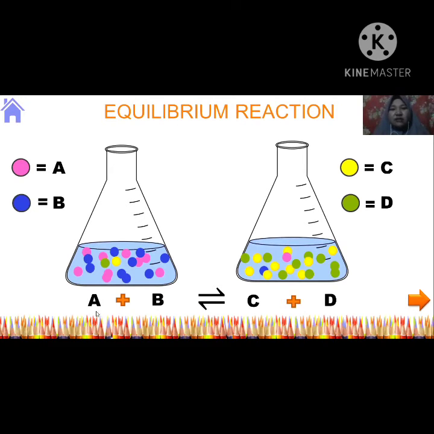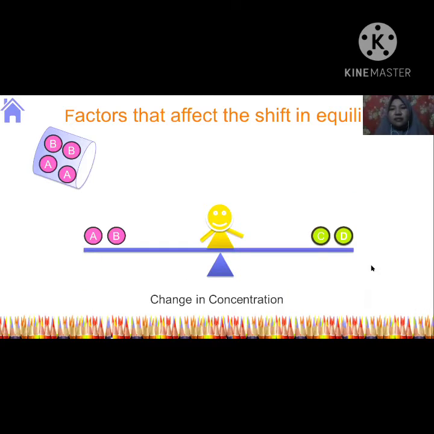We call them substance A, substance B, substance C, substance D. So in the picture, pink is A, blue is B, yellow is C, and green is D. So the equilibrium reaction is A plus B equals C and D. But we focus on the factors that affect the shift in equilibrium.